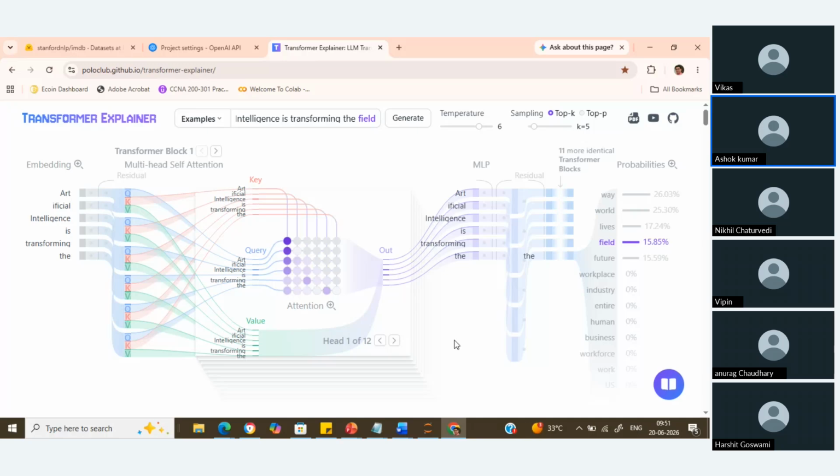You just need to increase the temperature. We'll have a detailed discussion about these things, no need to worry. But this is what we are able to see over here inside the transformer architecture.